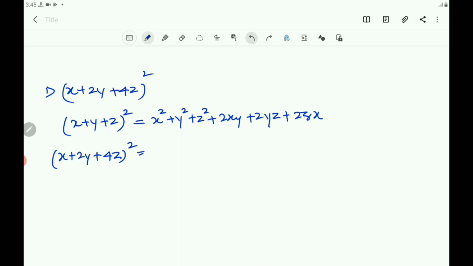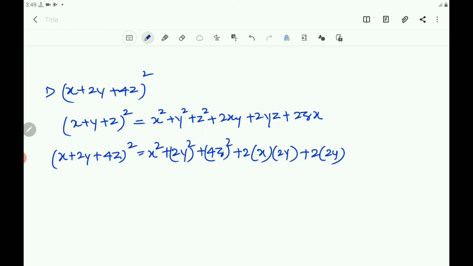So you write x squared, that is x² only, plus y² is (2y)², z² is (4z)². The fourth term is 2xy, that is 2 into first term x into second term 2y, plus the fifth term 2yz, 2 into second term 2y into third term 4z, plus the sixth term is 2 into third term 4z into first term x.